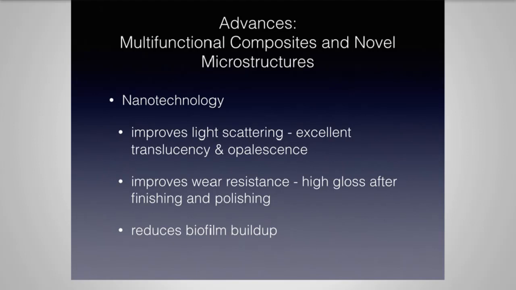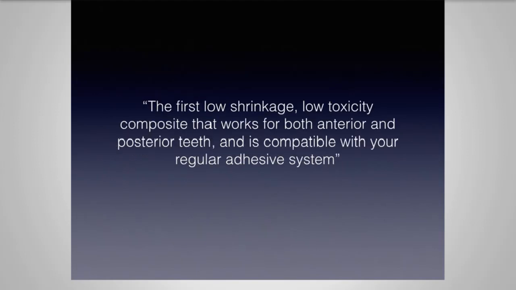And because of this high polishability and because of some of the filler materials that are placed into these composites, you can actually reduce the biofilm buildup around the restoration. And we know that a non-polished surface, especially in the interproximal and gingival area of the tooth, is going to be a haven for biofilm buildup and secondary decay and breakdown. So having these materials that can improve that polish, that can improve that resistance to biofilm buildup is extraordinarily important.